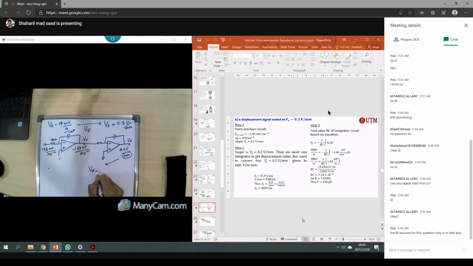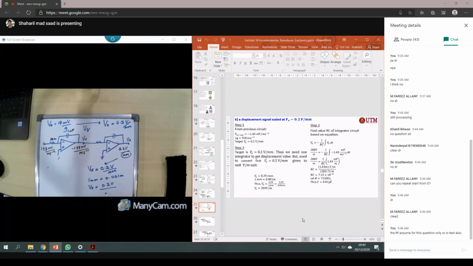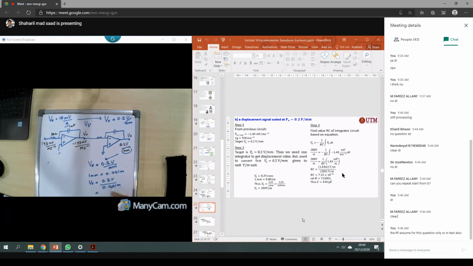So Vx equals 0.2 volt per millimeter, and 1 millimeter equals 0.001 meter. Now Vx is 0.2 volt divided by 0.001 meter, then you get 200 volt per meter.